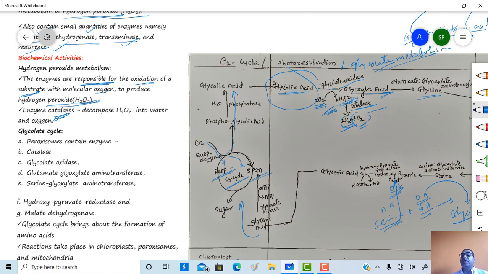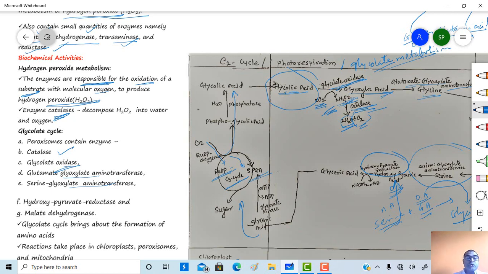This is nothing but the glycolate metabolism or glycolate cycle or photorespiration, and it contains important enzymes like catalase enzyme, glycolate oxidase enzyme, glutamate glyoxylate aminotransferase, serine glyoxylate aminotransferase, and hydroxypyruvate reductase.